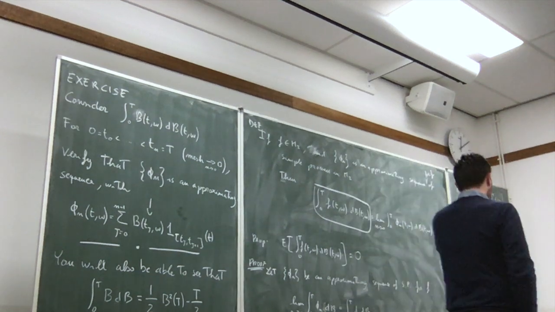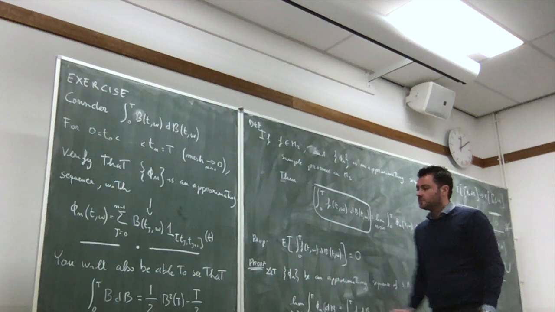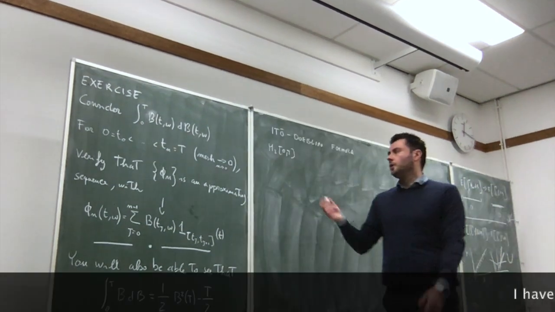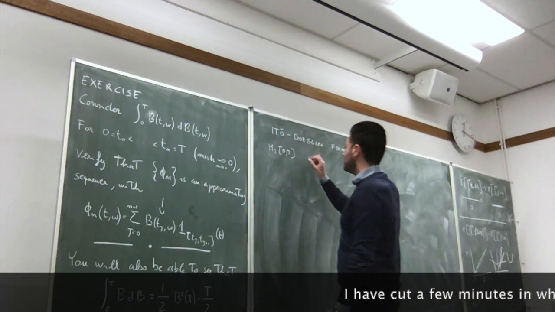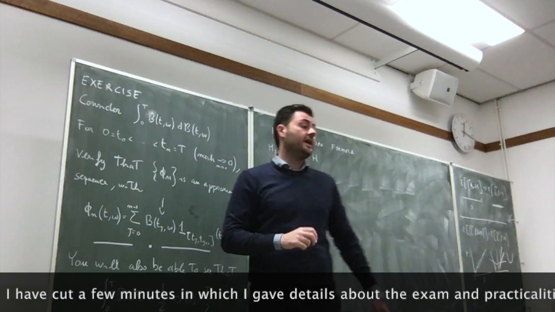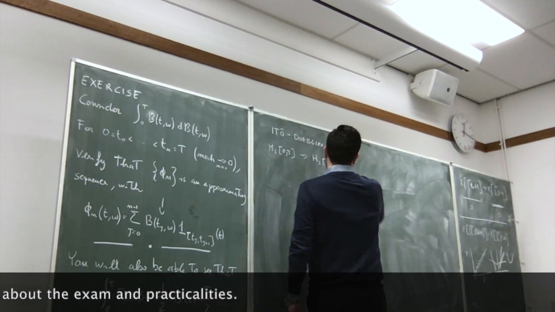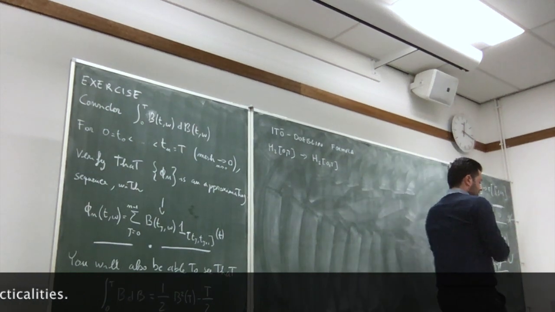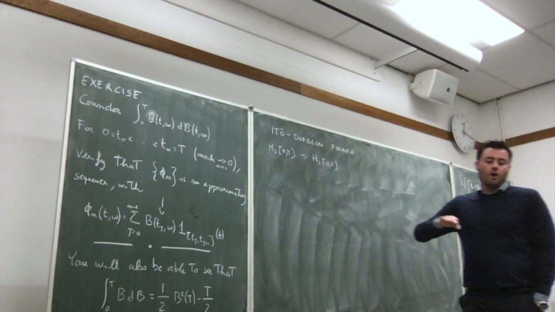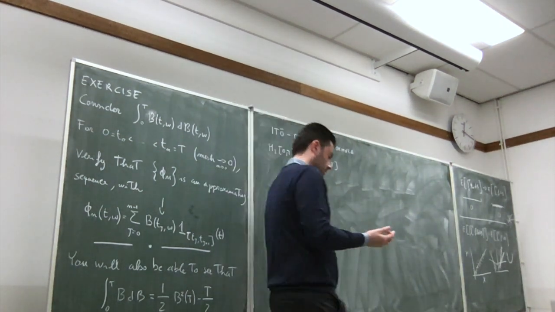Okay, let's see if in the last 20 minutes we are able to say something about the Ito formula. What we will now introduce is a slightly more general class, which is called the H2 class. All the results that we have proven within the M2 class hold or can be easily adapted to the H2 class.